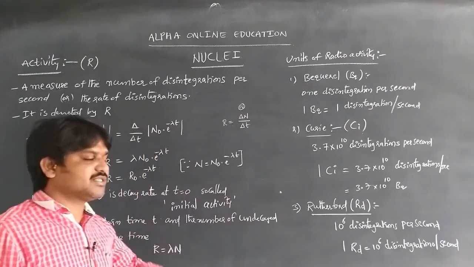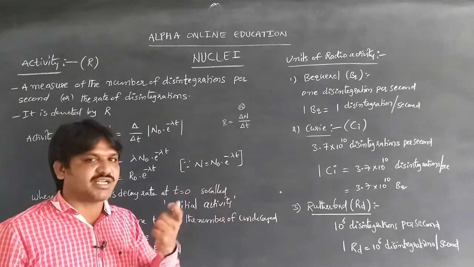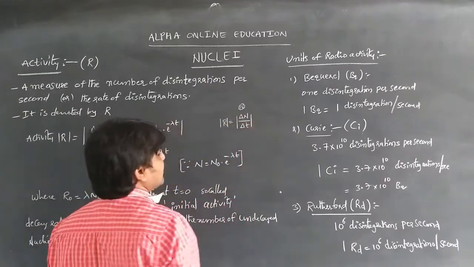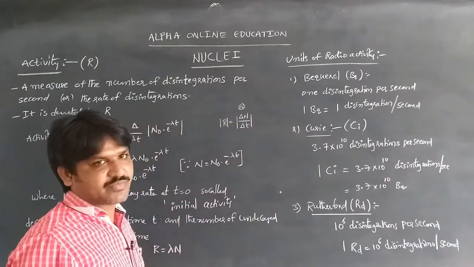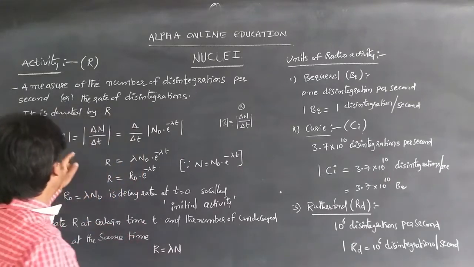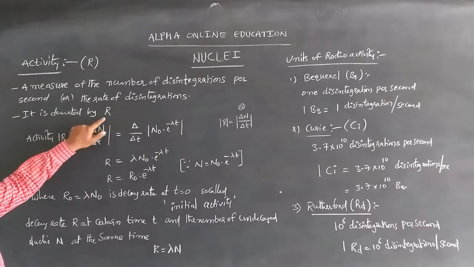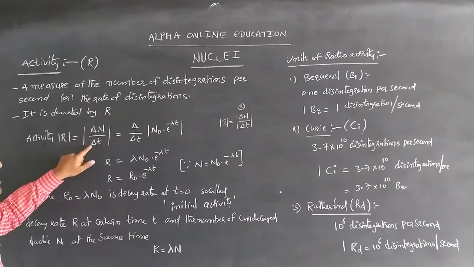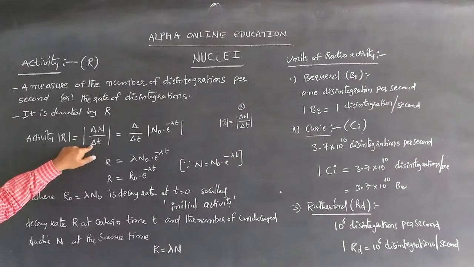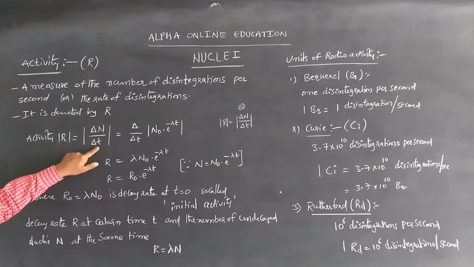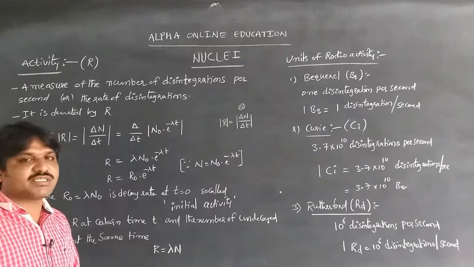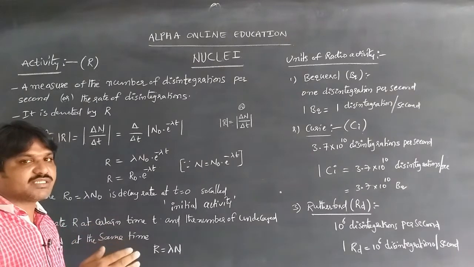Delta N means the decrease of nuclei. So the activity is denoted with R, and mod R is equal to mod delta N by delta t, the number of nuclei decaying per second, which goes on decreasing with time.